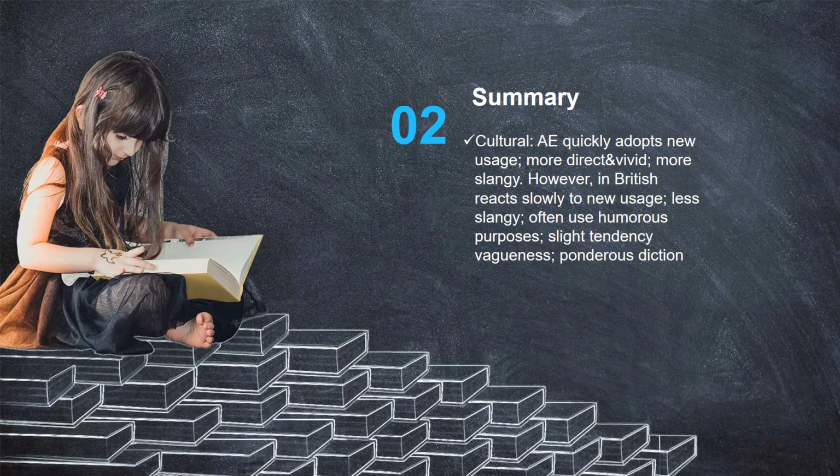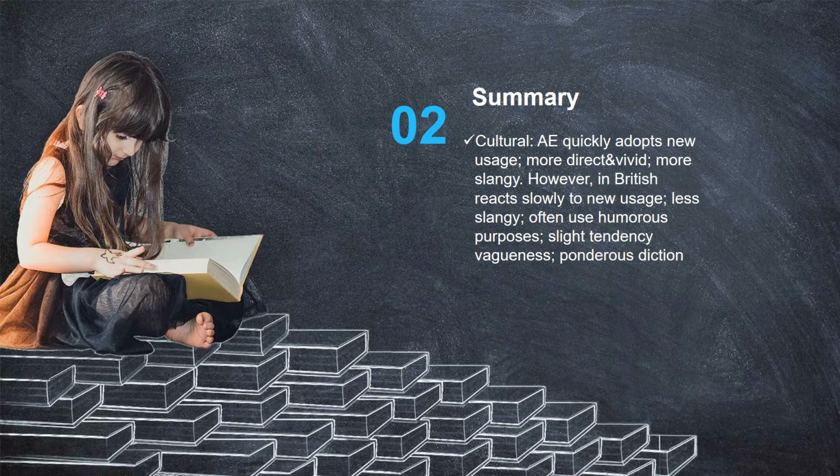And the last part of summary is the cultural. This is very interesting for me because I've found so many new things here. First, American English quickly adopts new usage. They simply adopt a new discovery or vocabulary into the language, so let's say American English is really up to date.